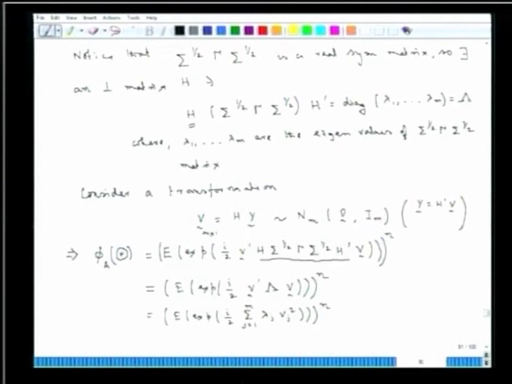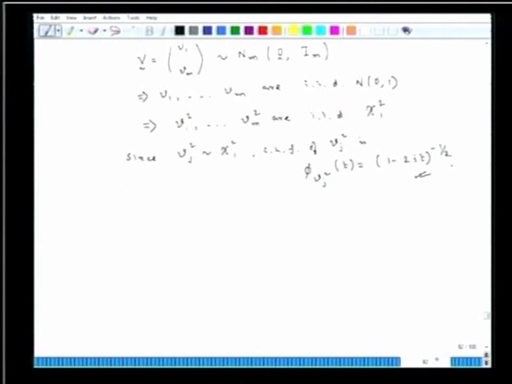Each of these elements Vj in the vector V is IID normal with mean 0 and variance equal to 1. So they were standard normal variates, and V is V1, V2, Vm, which has multivariate normal distribution with a null vector as its mean vector and Im as its variance covariance matrix.